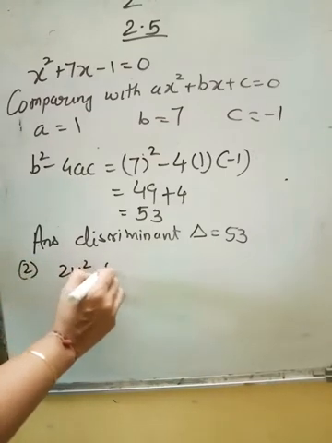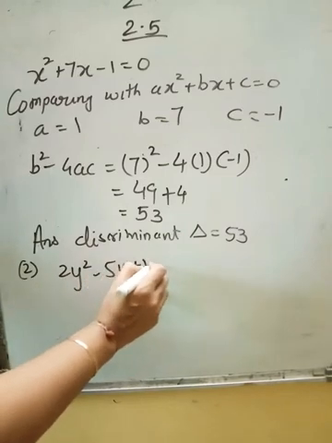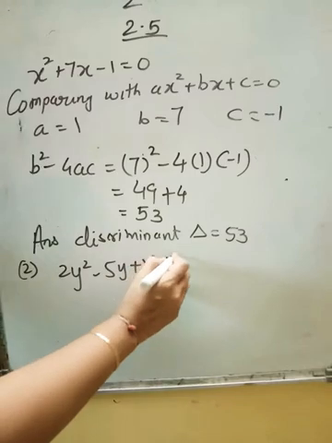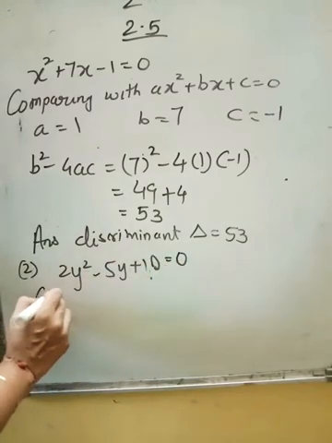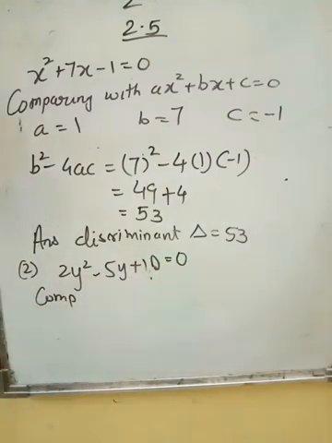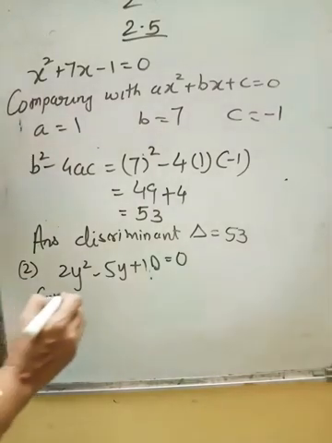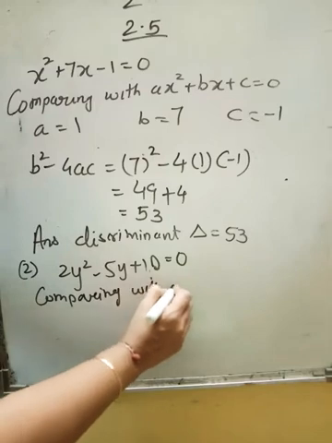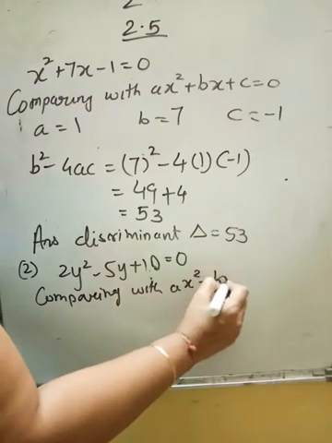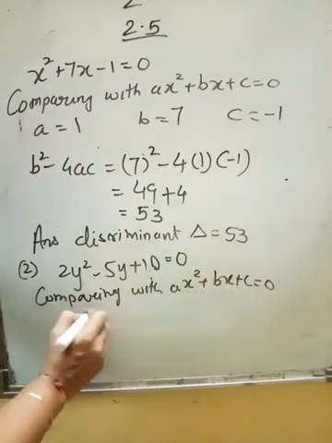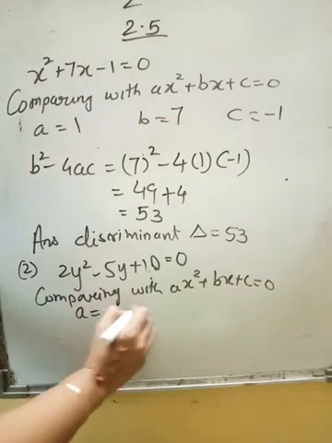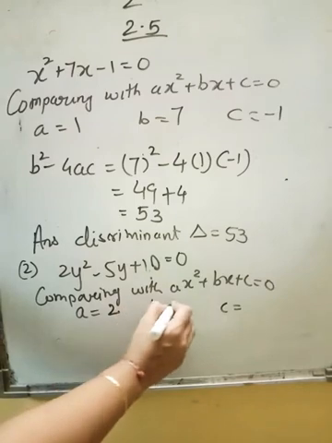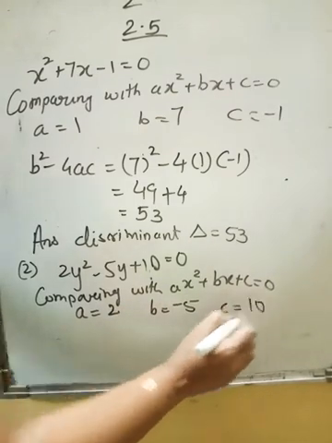2y square minus 5y plus 10 equal to 0. So comparing with ax square plus bx plus c equal to 0, what are you going to get? A is equal to 2, B is equal to minus 5, C is equal to 10. Very good.